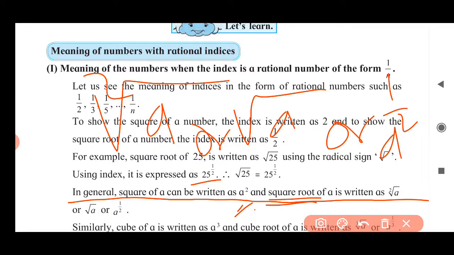As like you have 3 different types, you can write down the square root of any number.